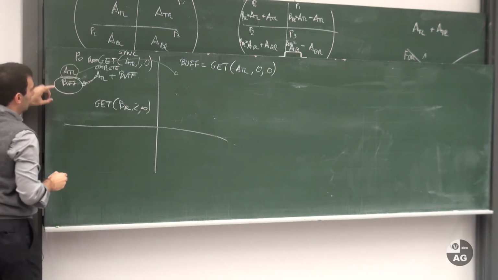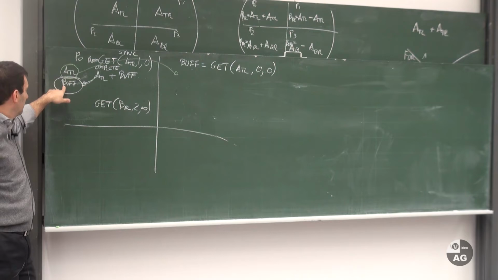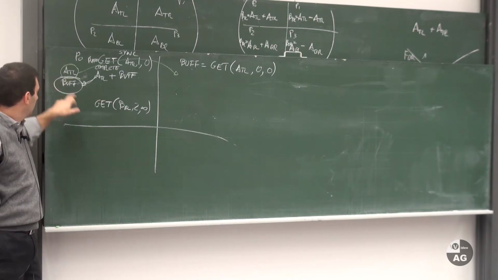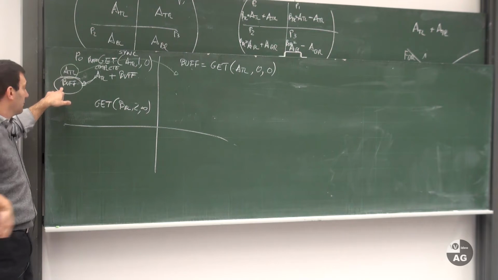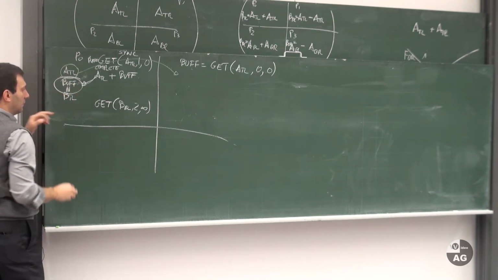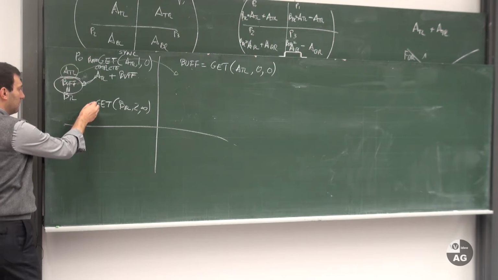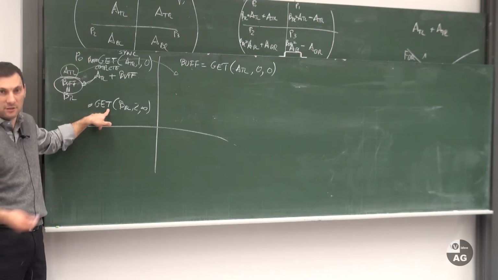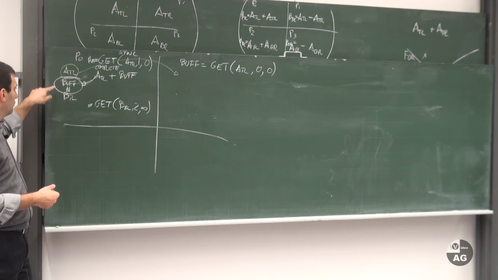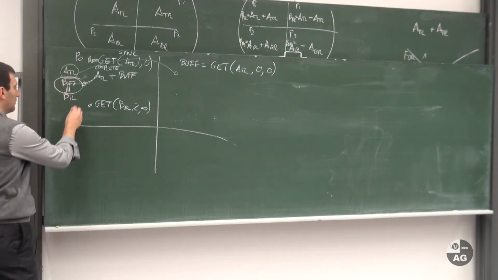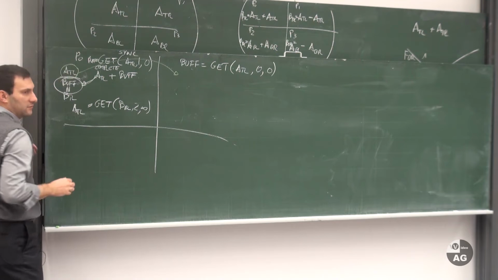And okay, buffer is containing my B top left, right? So buffer is equivalent to B top left. So I better not store what I'm getting onto the buffer, because that's my local data. So I can store it into A top left instead.